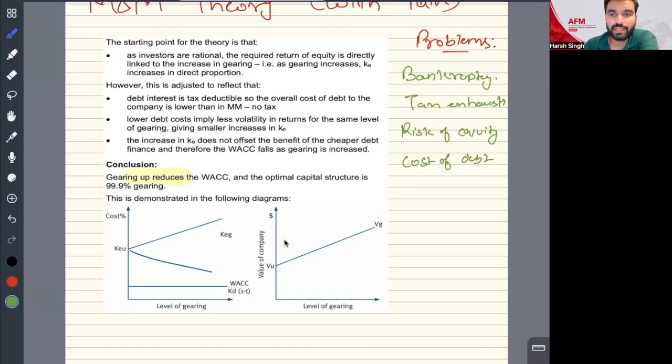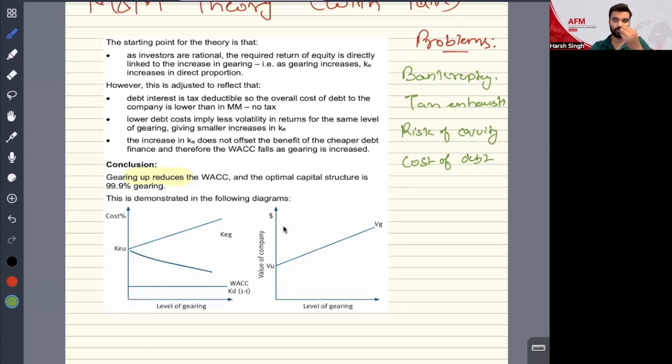Now we have certain other theories as well, guys. Over here, just always remember these diagrams and figures. In exam, they might test you to explain the traditional view theory or explain the Modigliani and Miller with tax theory. Okay, they might ask you these things. So it is better that you always just read it once.